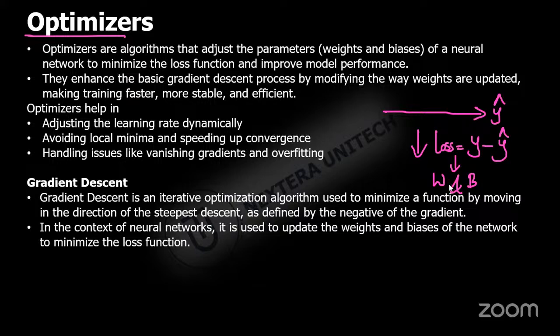But how can I update these weights and bias? Using optimizers. Optimizers are again algorithms which help us to update the parameters, weights and bias, in such a way that they help us to minimize the loss.